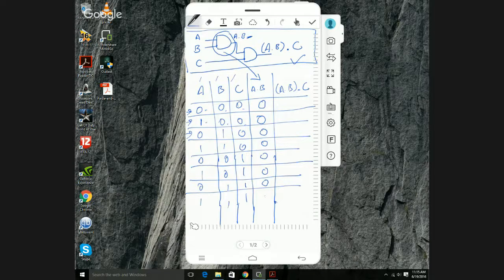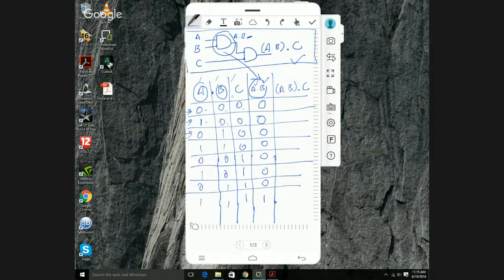Only here will we get 1, because this is 1, this is 1, this is 1. All the inputs are 1. Output will be 1 in A dot B. My apology, because this is only A and B, so we are going to see only A dot B. We will not consider C for this case.